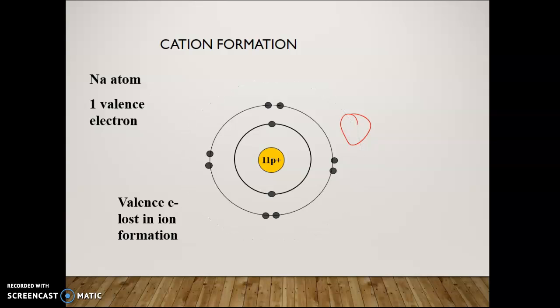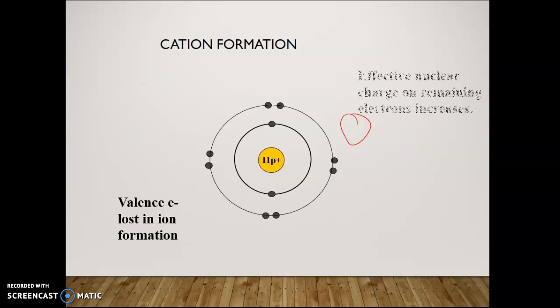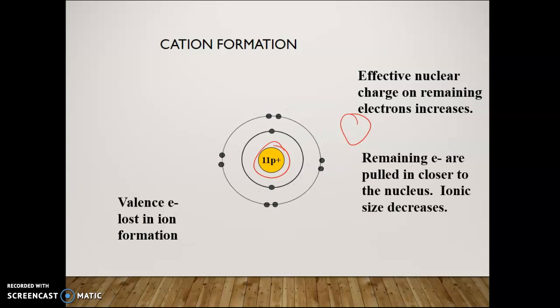Notice now that my radius is a lot smaller. Okay? My effective nuclear charge remains the same, right? That number of protons remains the same on the remaining electrons. So those remaining electrons are then pulled in even closer, right? So now instead of pulling in on 11 electrons, now I'm pulling in on 10 electrons, and I can bring those 10 electrons in closer.